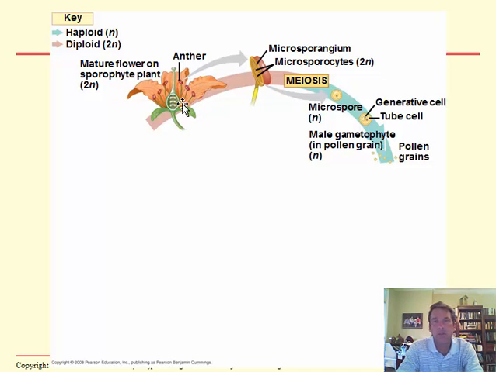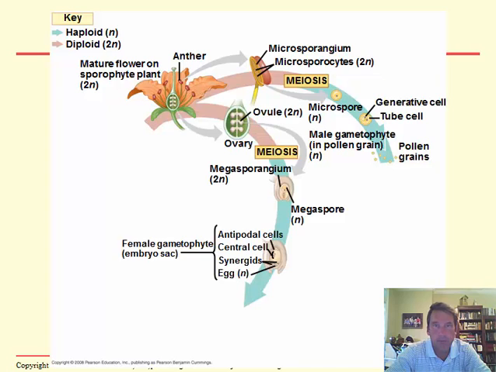It has a male structure. Again, the male structure is the anther. The female structure is the carpel right here. And so reproduction occurs by the pollen being transferred. Let's get to this next slide.